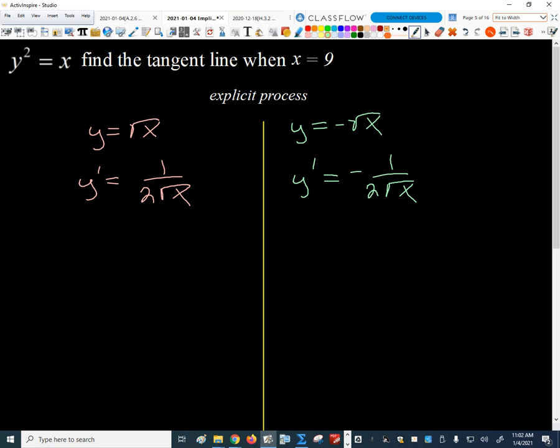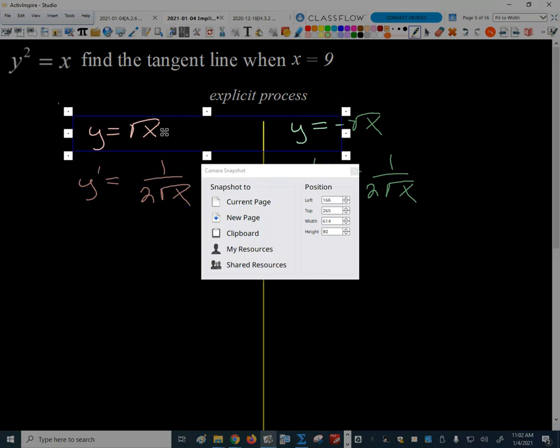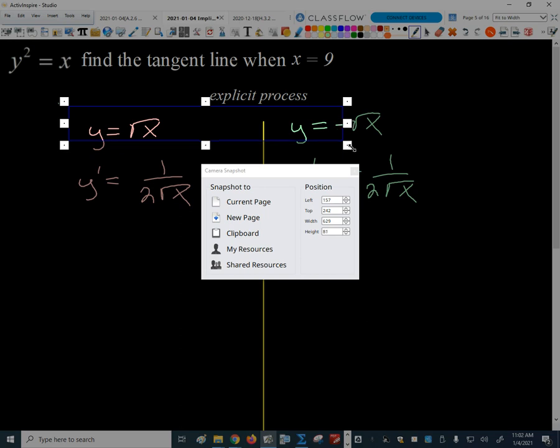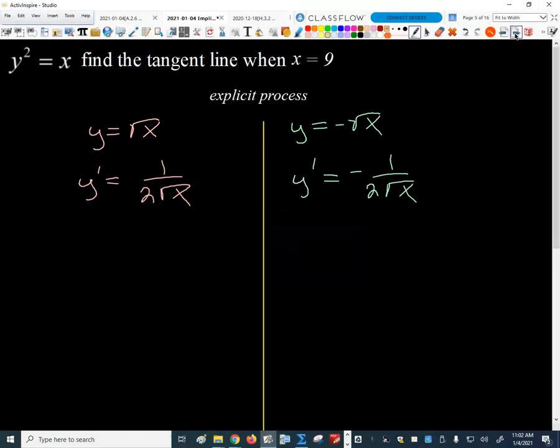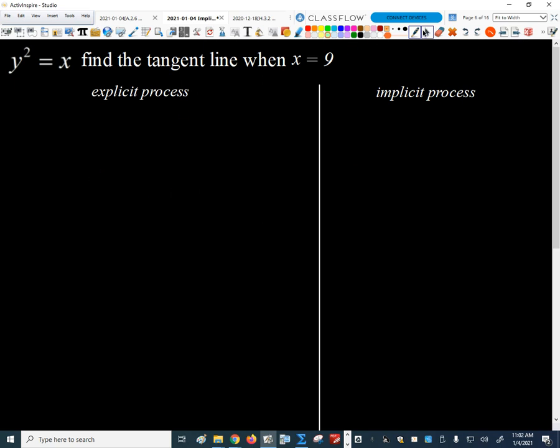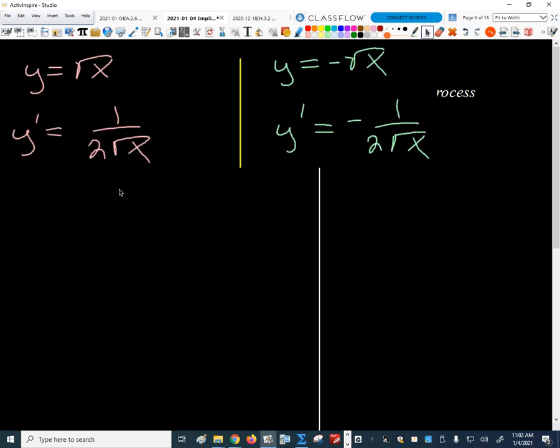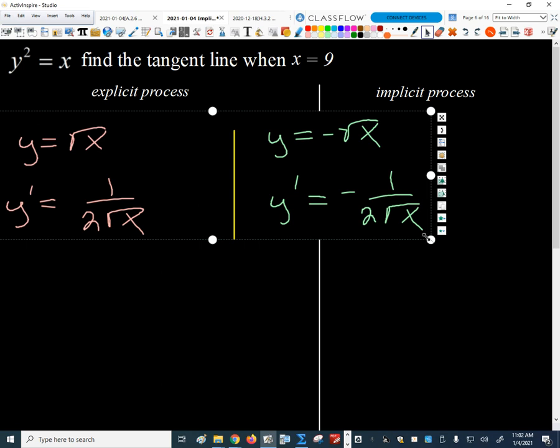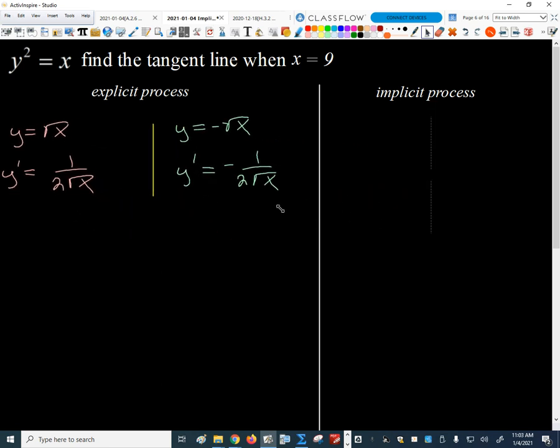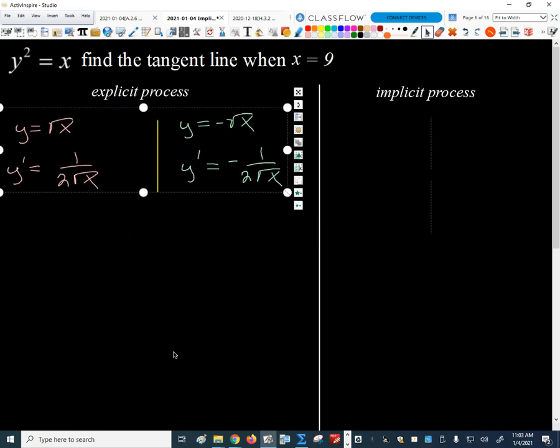That's a pretty big hint. So that was my explicit process.